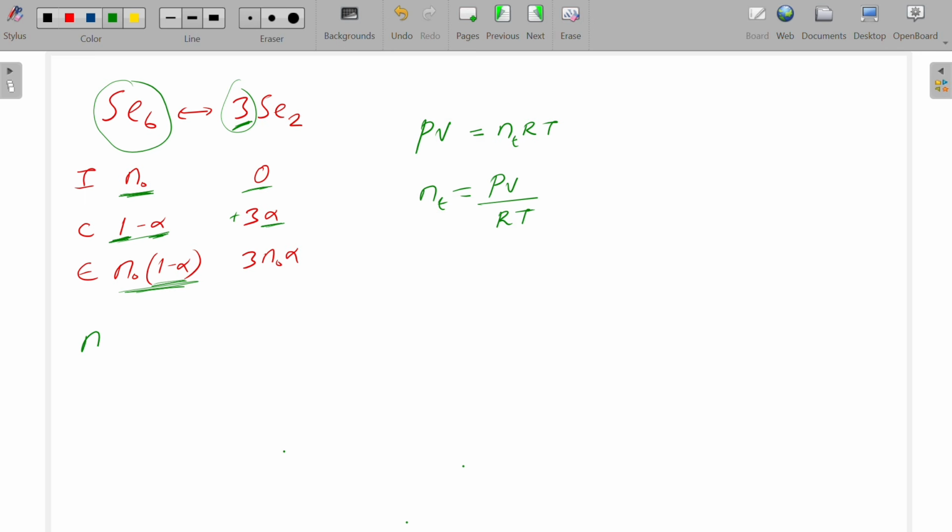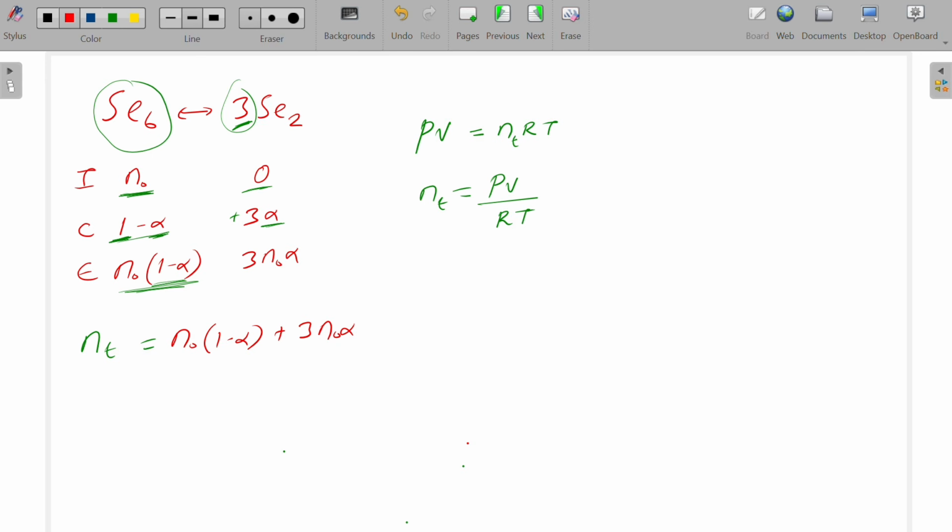So to find our NT, we'll say this NT is equal to the initial multiplied by 1 minus the degree of dissociation, added to, we are basically taking the sum of moles at equilibrium. So added to 3, that is multiplying by that.